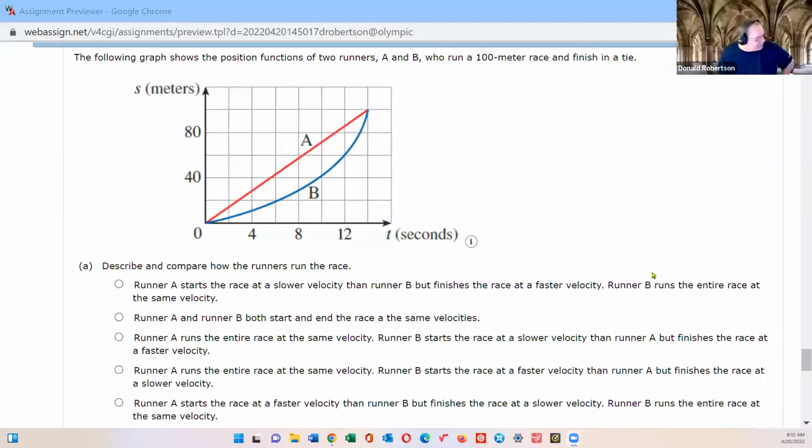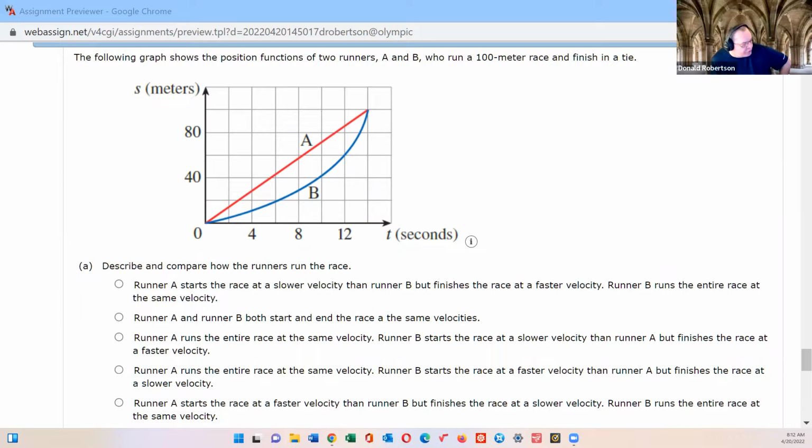So when you look at this graph here, it's basically a distance time graph of two runners. One of them is the red guy, A, and his position with time is that straight line, and B, the curved one.